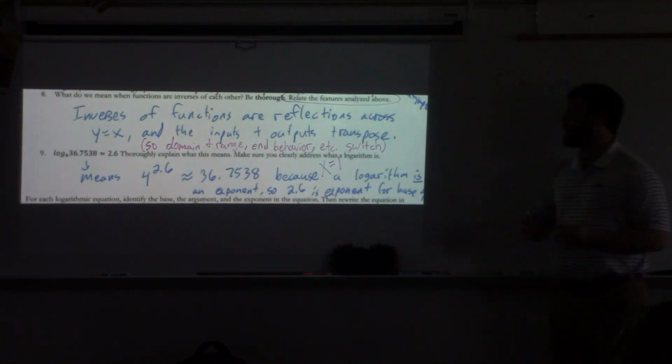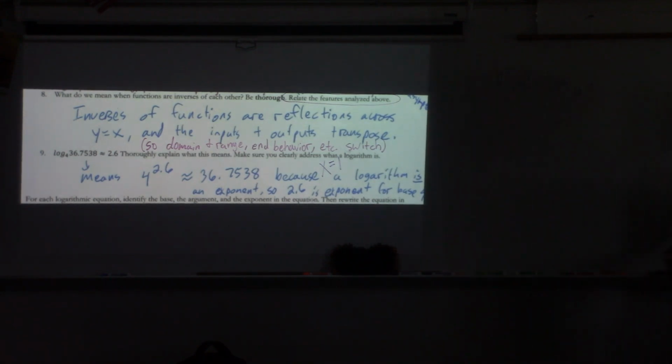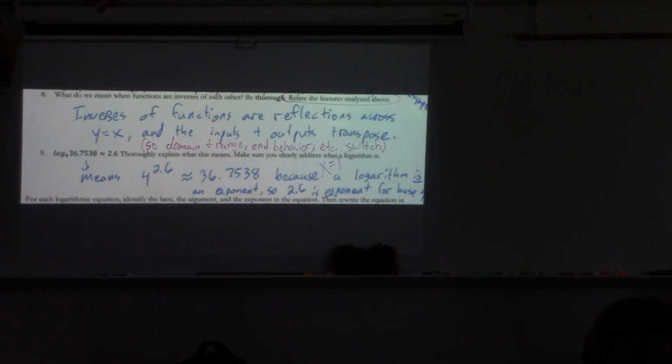So domain and range, end behavior, intercepts, all those things are switching. Asymptotes, right? If it was a y equals, the inverse would be an x equals. Naisha, it's not exactly equal to. Remember, it's only approximately equal to.